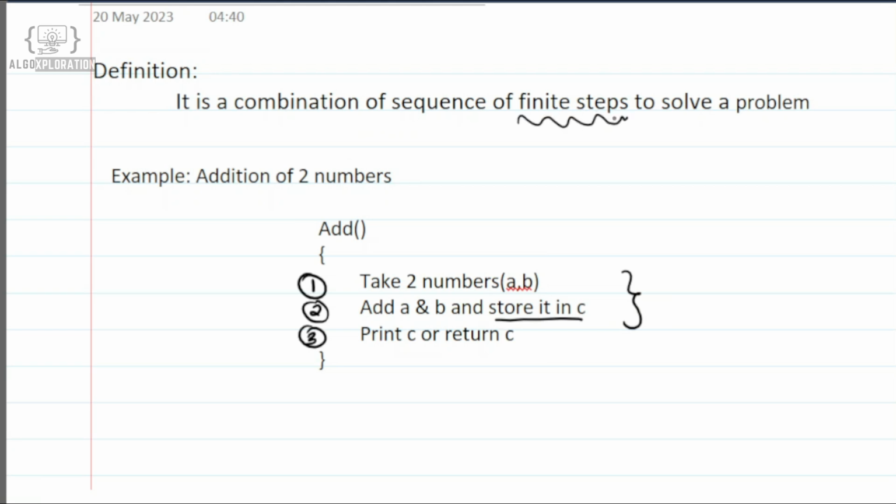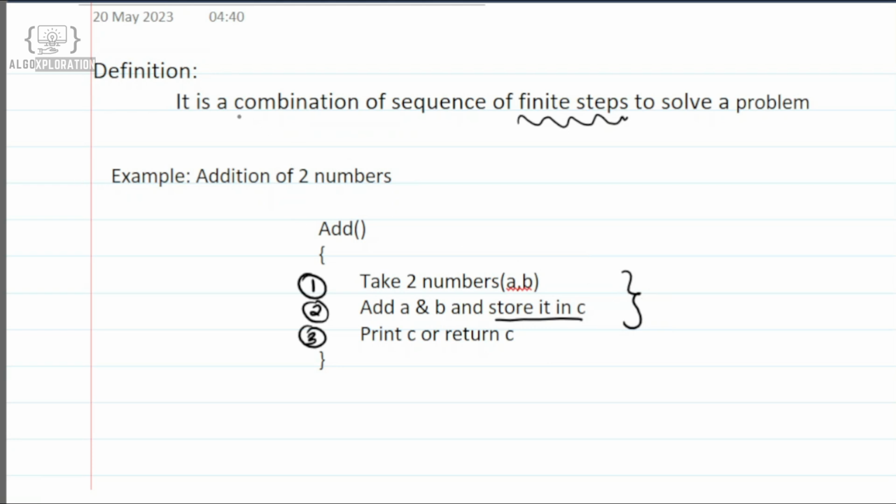So while making an algorithm, we have to make finite steps to solve the problem. Now the second point is all three statements are important. If we remove any one of the statements, then we can't get to the solution.